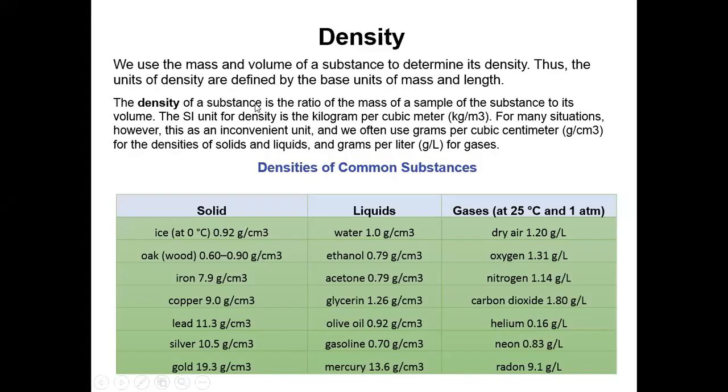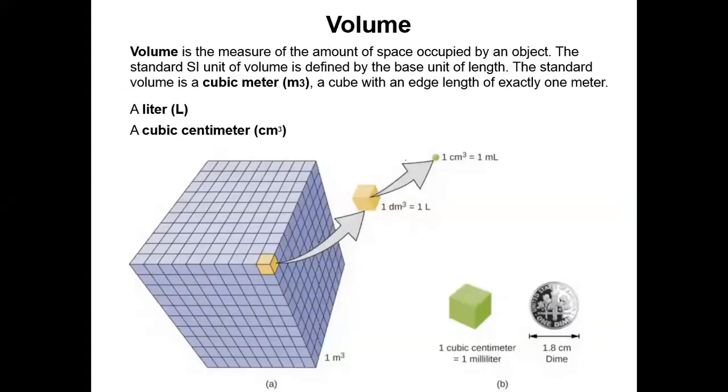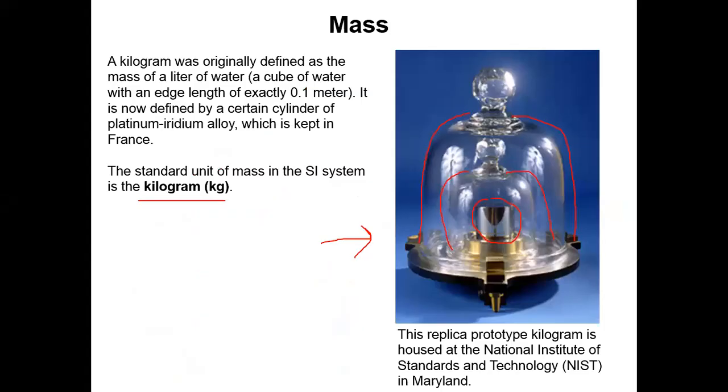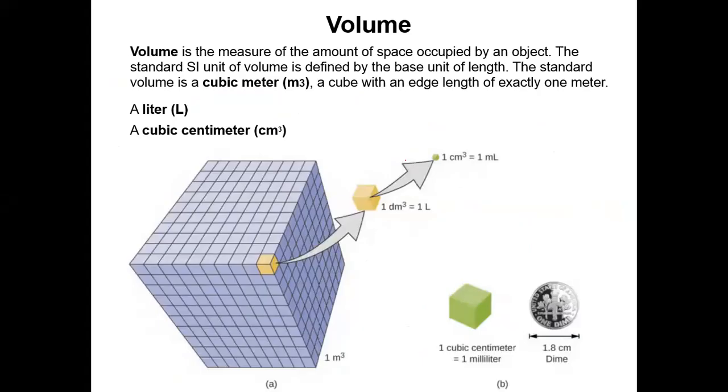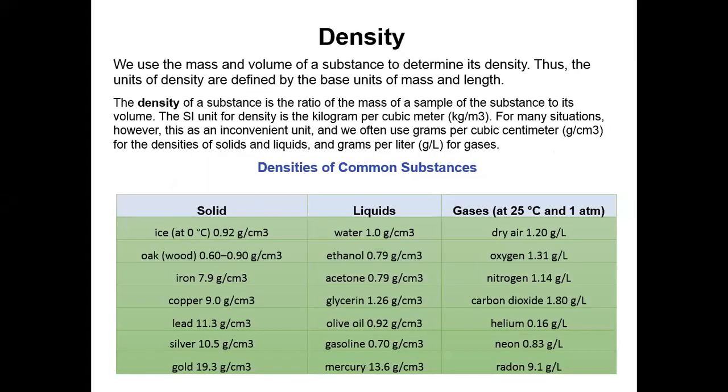Okay, so we talked about the mass and we talked about volume. If you remember, we discussed volume and we talked about mass. Now let's talk about density, because these three parameters characterize matter in general. Density is mass over volume.